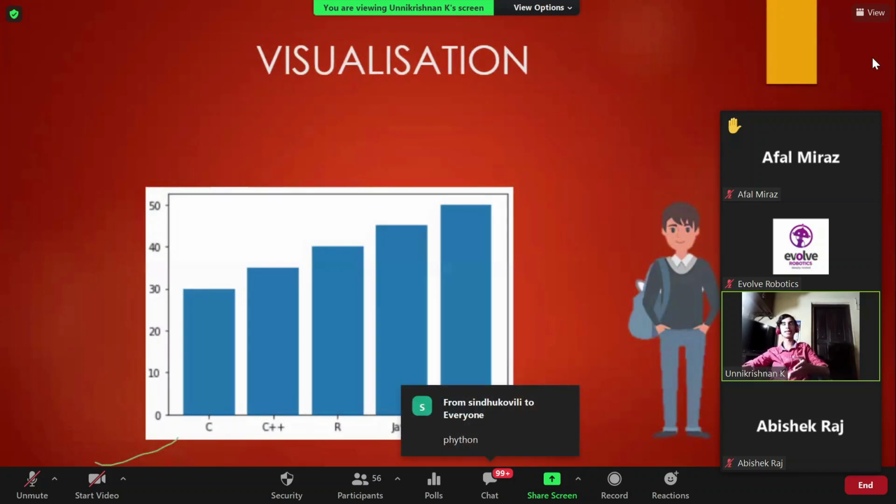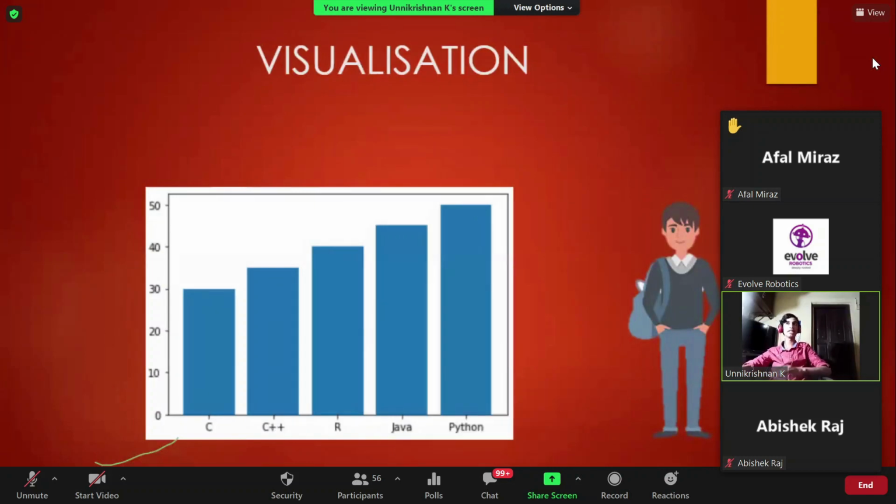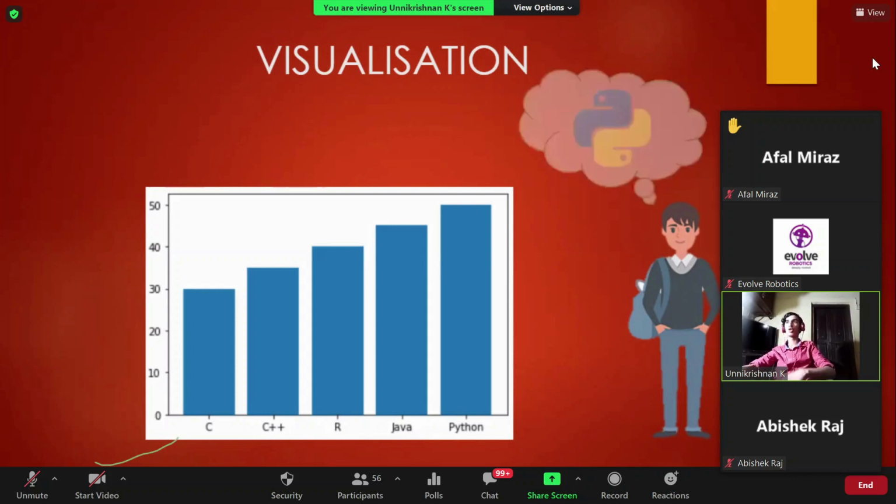In the next step, he cleaned the data. He organized the data, eliminated unwanted entries, and arranged the data in an orderly manner. And in the third step, he visualized the data. There are some more steps involved in data science, but since this is a simple problem, we didn't discuss those steps. So our friend here decided to learn Python.